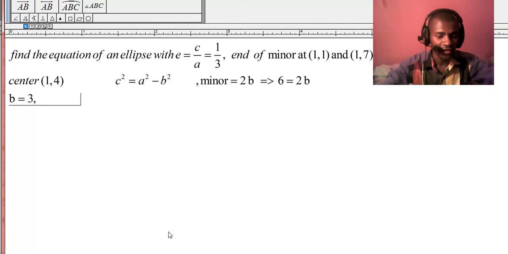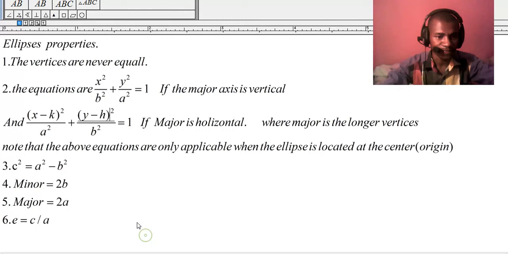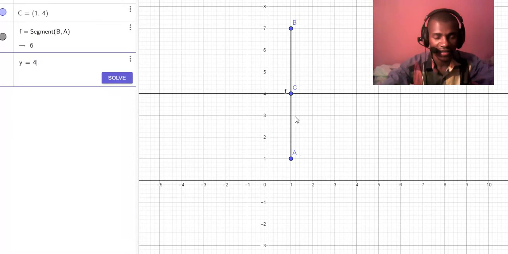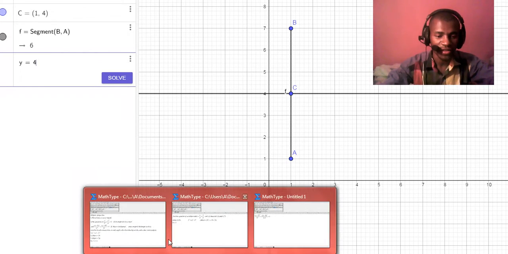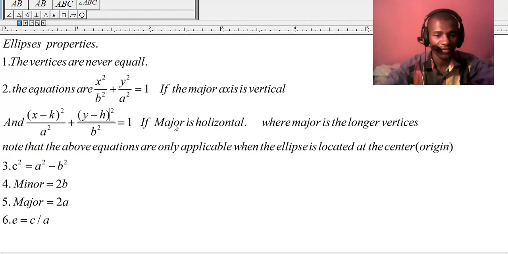But first of all, we should also look at this. It says the minor is vertical, so that means the major is horizontal. And when the major is horizontal, we look at this formula.